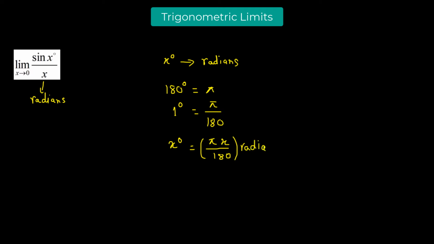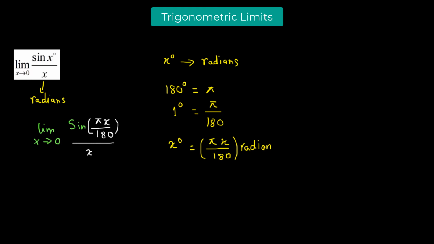Now we are going to substitute the value of x degrees into the given limit. So we have the limit as x goes to 0 of sine of pi x over 180, divided by x.